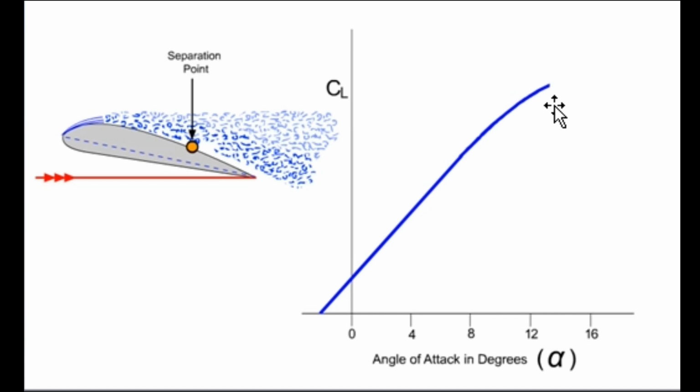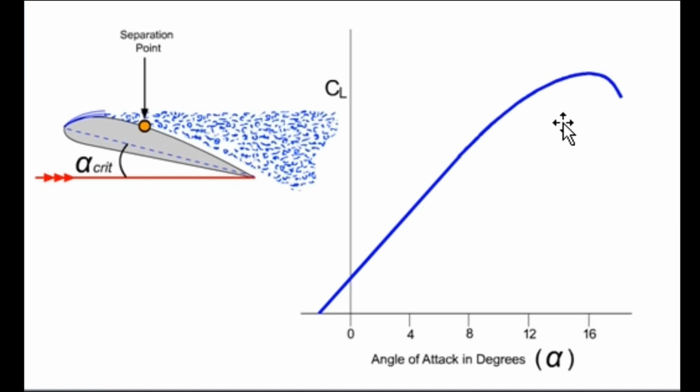And when it is at around 12 degrees, which is where you have your maximum coefficient of lift, you will see that the separation point moves forward until it reaches the maximum, which is your CL max, right here. After that, if you further increase the angle of attack, the coefficient of lift is going to decrease. So at this point, this is the critical angle of attack.